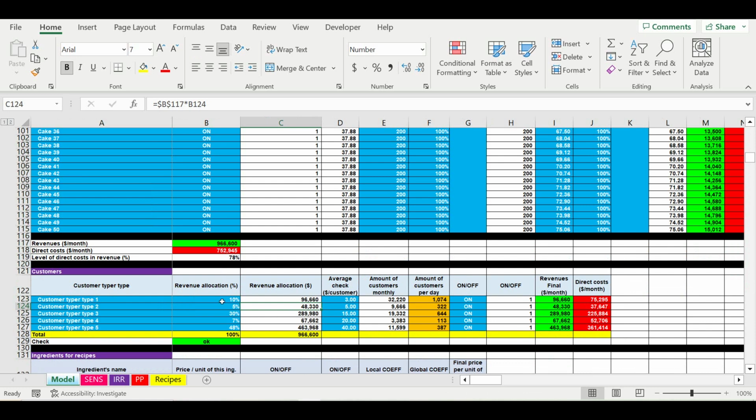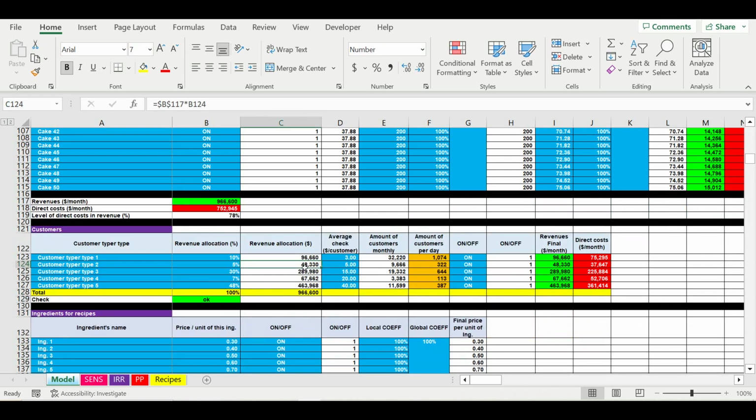First of all, we allocate the percentage of revenues between different types of customers, and this is also a very interesting block of inputs. Here we can see that we are giving 48% of revenues to customer number 5, and maybe in this case we are too optimistic as well.